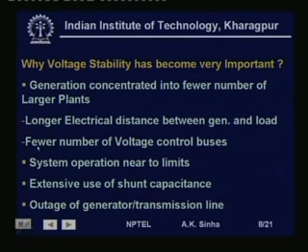This also results in another phenomenon: because of this concentration of generators in a fewer number of larger plants, we now have a fewer number of voltage controlled buses. The generators, as we know, have automatic voltage regulators, so they can control the voltage at their terminals by changing the excitation.